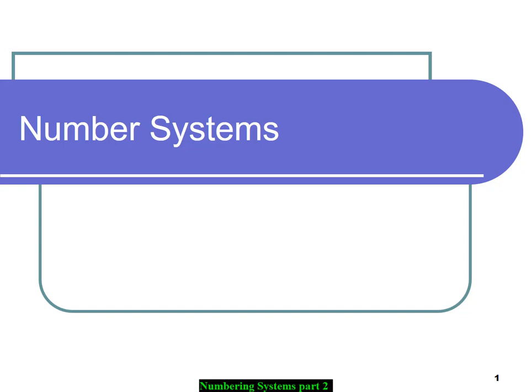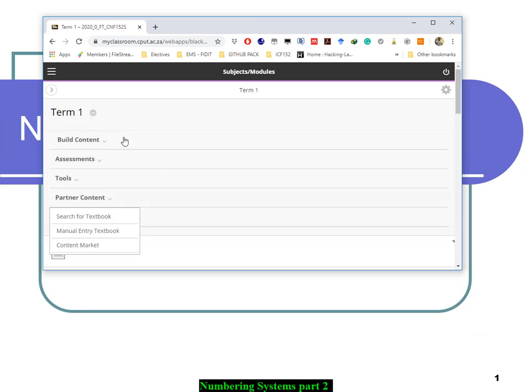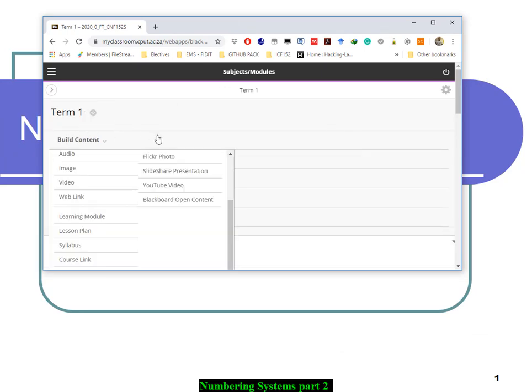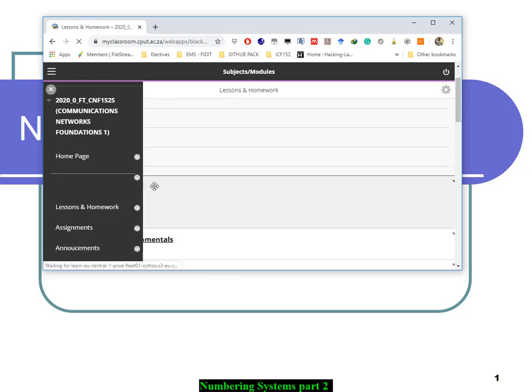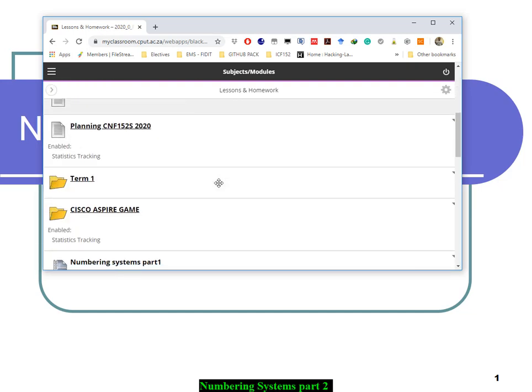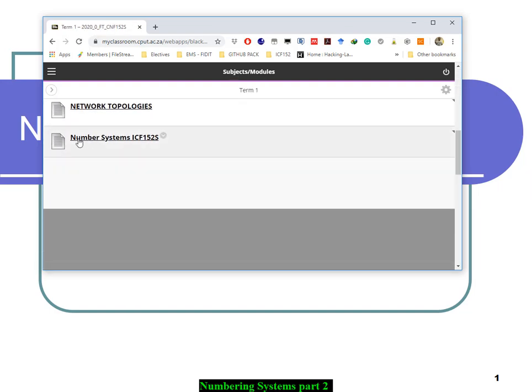So just to show you where you can find the slide, if you go on to Blackboard, you would then find under term 1 there is lessons and homework, and then you'll find term 1, and you can go into the folder, and then you'll find number systems ICF 152.